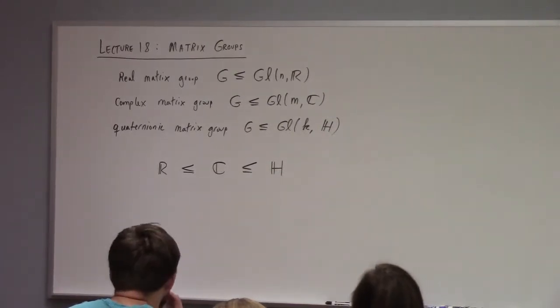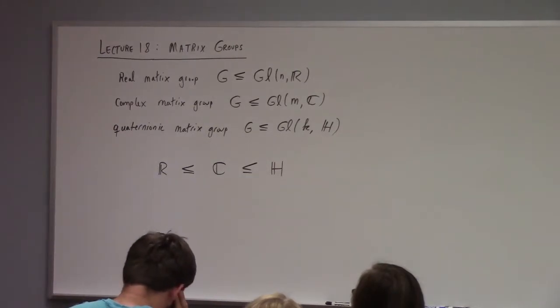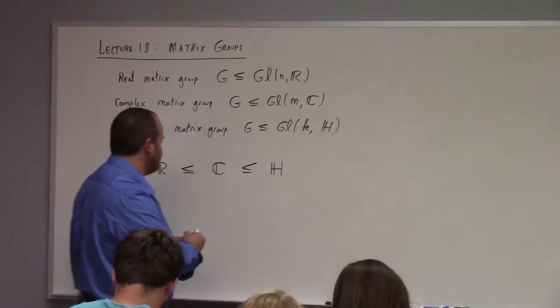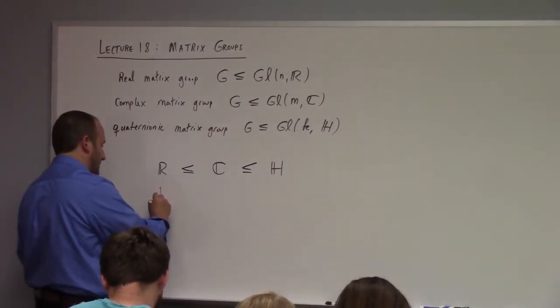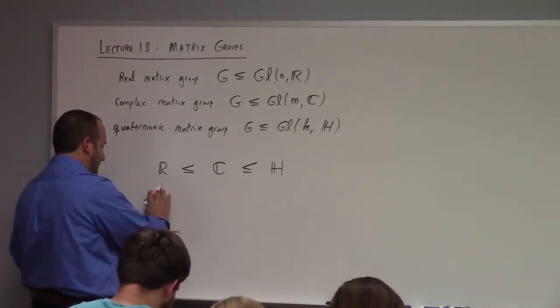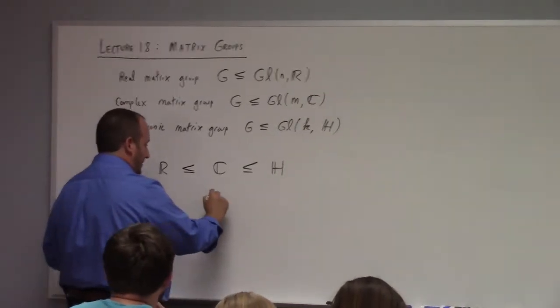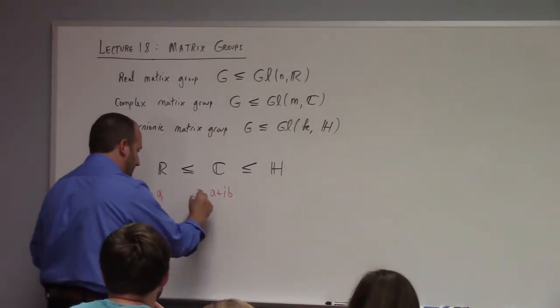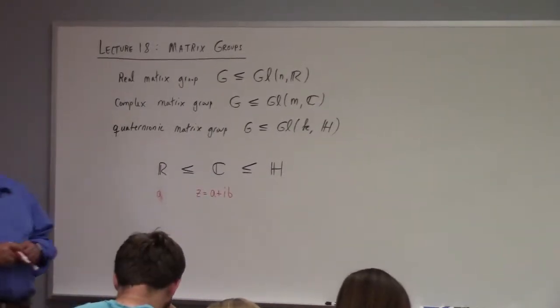This is kind of silly, but 1. The basis for the real numbers is just 1. And then how do you get complex numbers? Over here we've got a, and over here we've got a plus ib. Something like z equals a plus ib, a typical complex number.